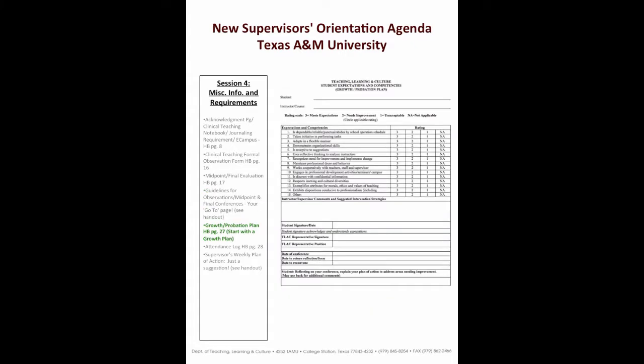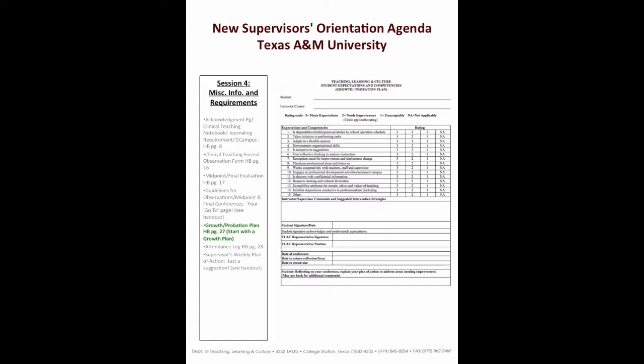For this next slide, you will need your copy of page 27 from the handbook. It is entitled Growth Probation Plan. If a clinical teacher is experiencing the same problems over and over with no improvement noted, it may be time for a growth plan. If a problem is caught early enough, a growth plan will generally solve the problem. Your access to the online growth plan is through a link which is on the very same page where you gain access to the online formal observation form.